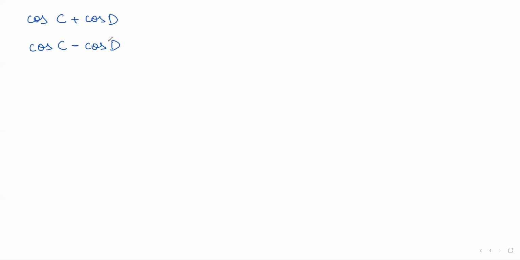To differentiate these formulas from the rest, I'm using a different notation. I'm not using x and y. Your text uses x and y instead of C and D. You can have sine of first angle plus sine of second angle, or sine of first angle minus sine of second angle.